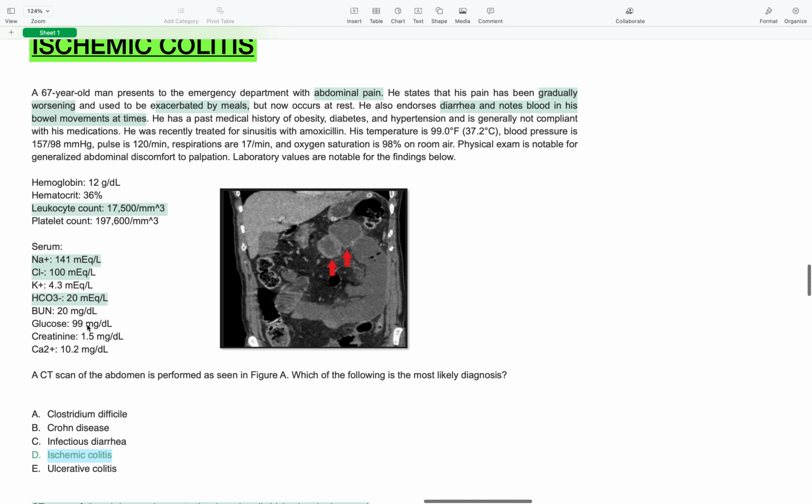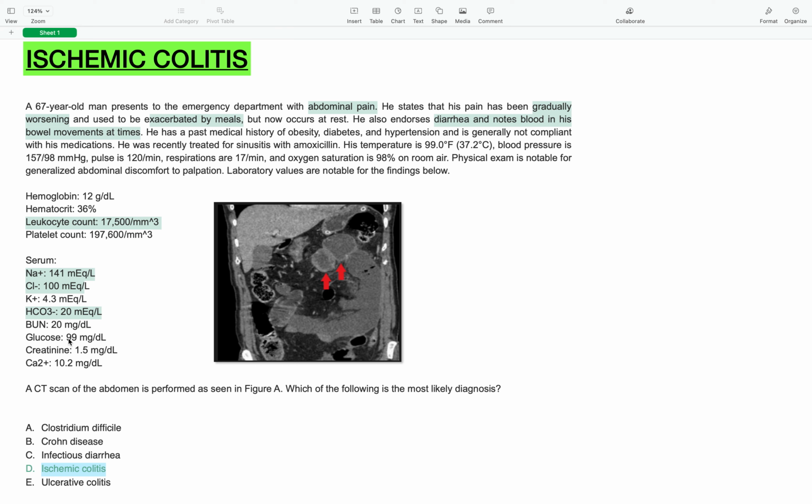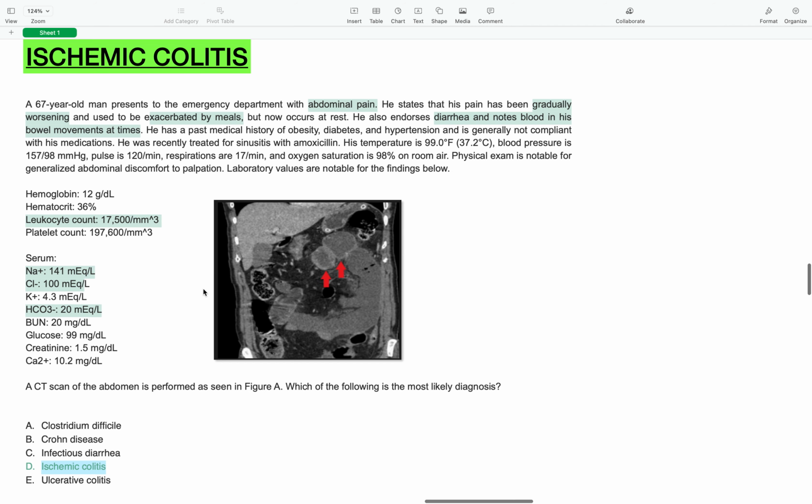The reason they have given this is that they want to tell you, is this patient having any ischemia? So, it's important to find out if the patient has lactic acidosis by measuring the anion gap. If the anion gap is high, that means it is metabolic acidosis due to lactic acidosis.